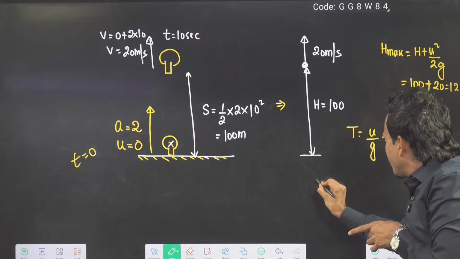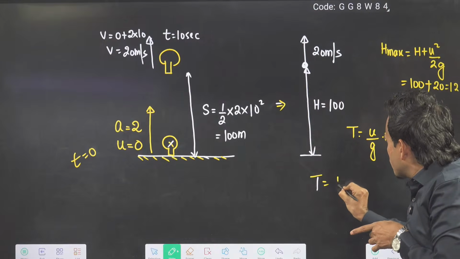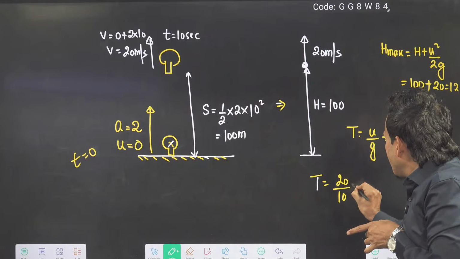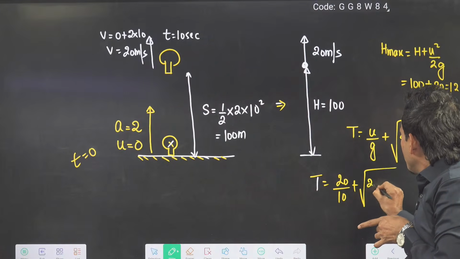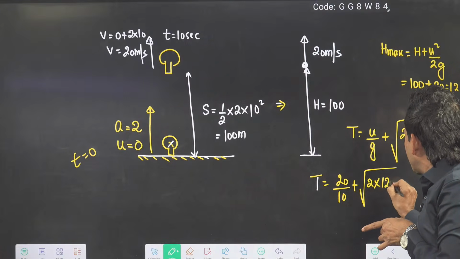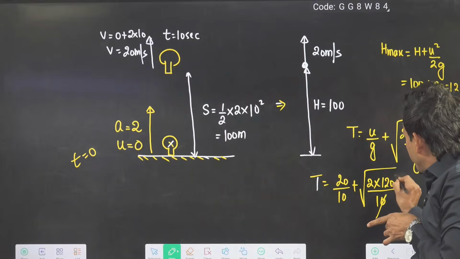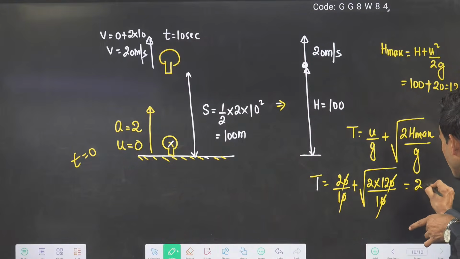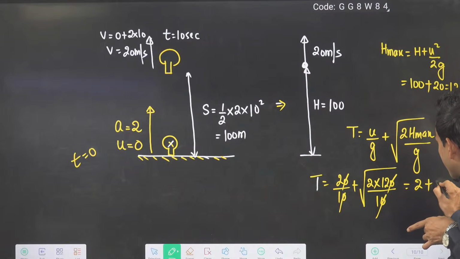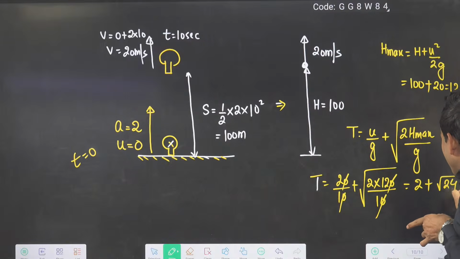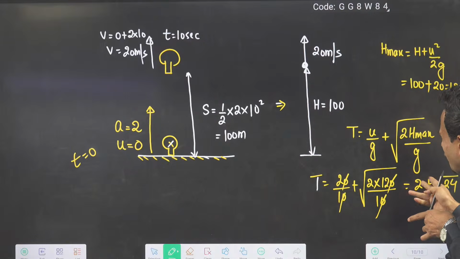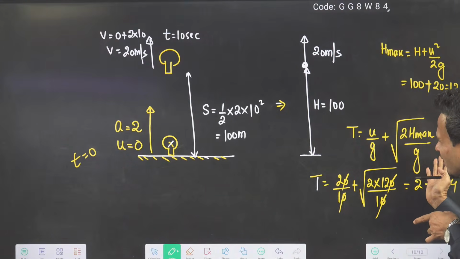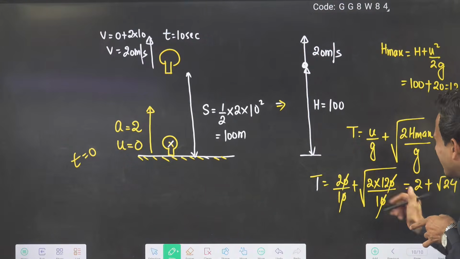Now we put it here to get the time of flight: U by G, which is 20 by 10, plus under root of 2 into H max 120 by G 10. All of you have said the correct answer. So this will become 2, plus root 24. Root 24 we can write as 4 into 6, and out of that we can take the 4 out.